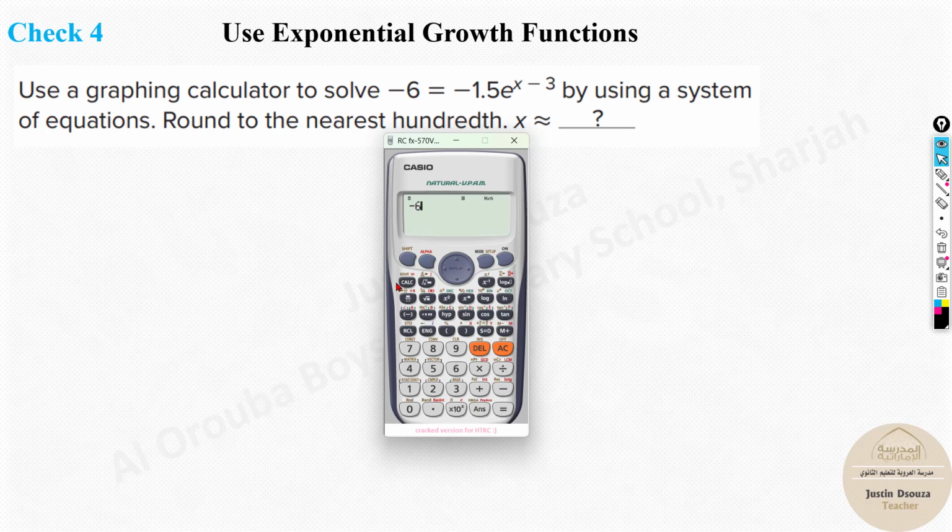Minus 6 equals minus 1.5. E is shift and natural logarithmic function, and to the power alpha x minus 3. Press shift and solve. Don't press equal to, you will not get the answer. You need to press shift and solve and then equal to. Okay, what is the error?